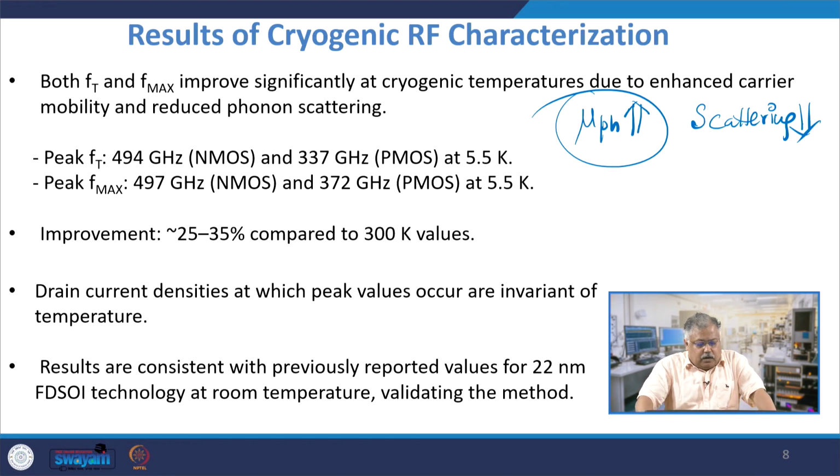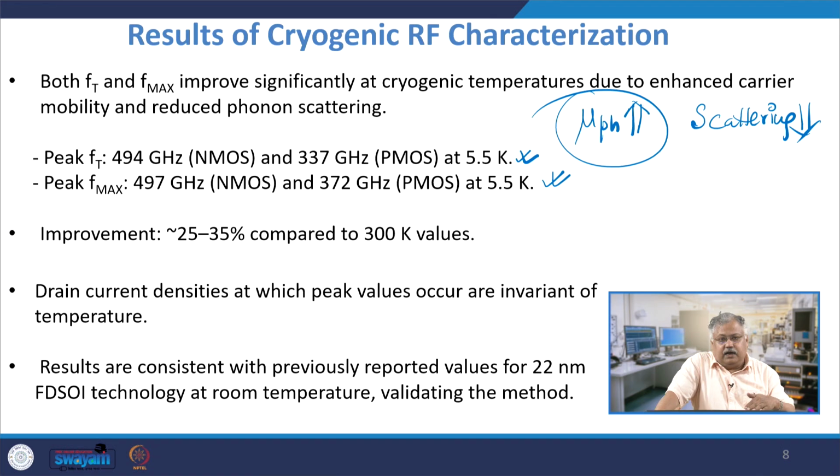We have seen that Ft is 494 gigahertz for NMOS and 337 for PMOS at 5.5 Kelvin. So, this is the 5.5 Kelvin data, and my Fmax is 497 at 5.5, and therefore, I see a 25 to 35% increase or change in the value of Ft and Fmax at 5.5 as compared to 300 Kelvin.